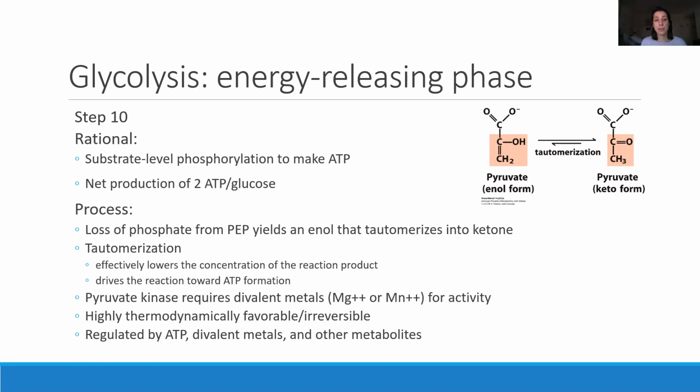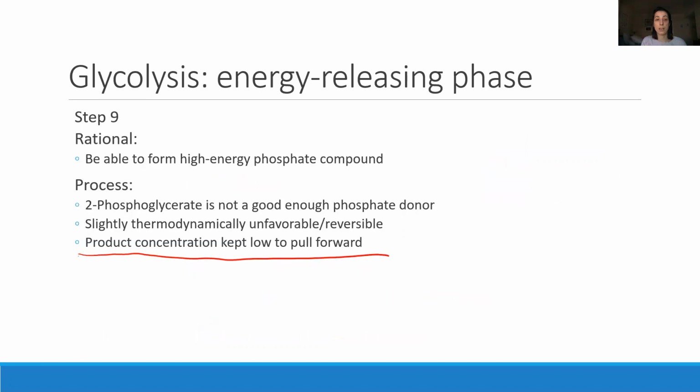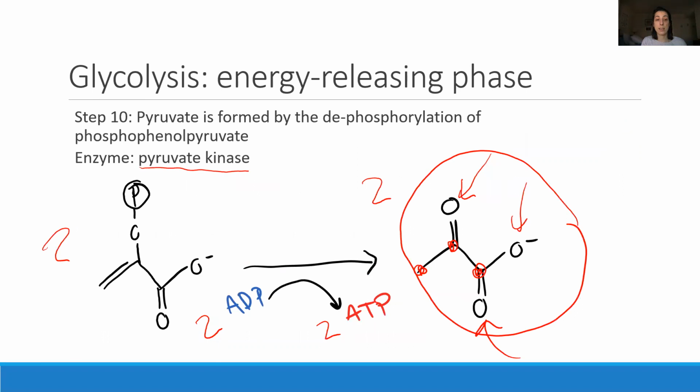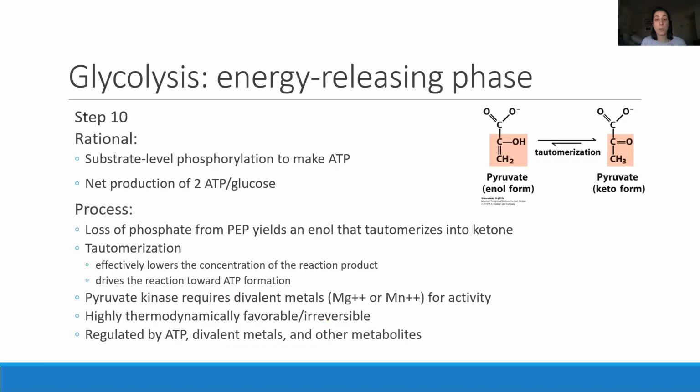The loss of this phosphate on the phosphoenolpyruvate, the one that we saw earlier, is going to actually allow, when we form pyruvate, this keto-enol tautomerization.